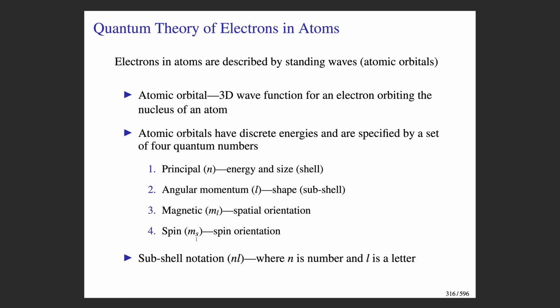So we've got 4 quantum numbers that represent the type of atomic orbital that an electron can occupy, and very frequently we will refer just to the principal quantum number and the angular momentum quantum number using this subshell notation, where the combination of the n value and the L value, where L is represented by a letter, identifies what orbital we are talking about.